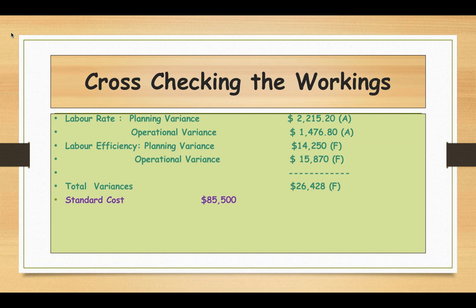I'll quickly repeat that again. 38,000 batches times 9 minutes divided by 60 times it by $15. So we get $85,500. And the actual cost is $59,072. So the labor cost variance is $26,428 favorable. So our workings are perfect.